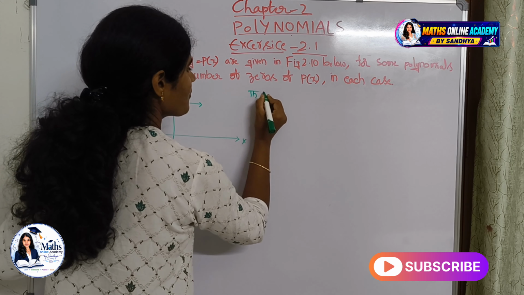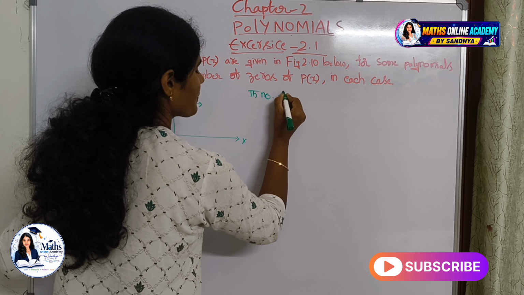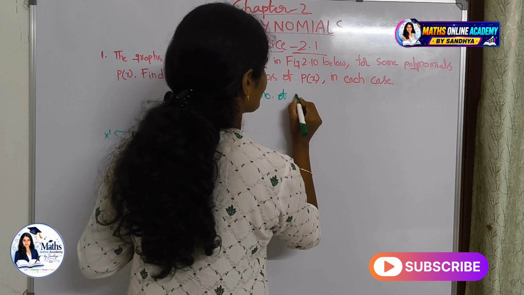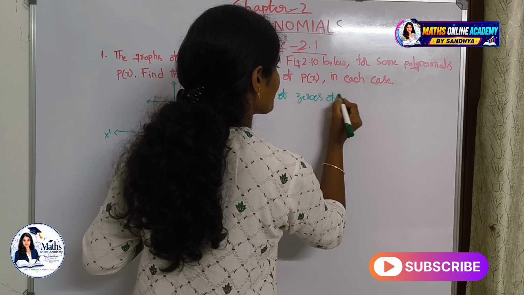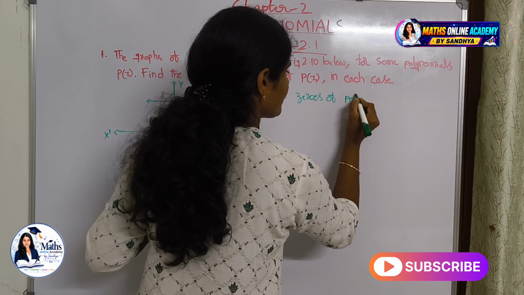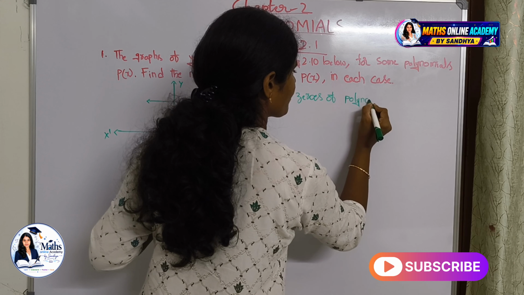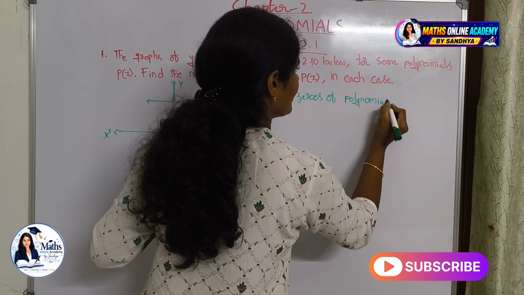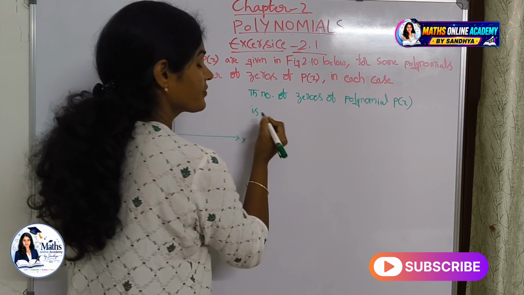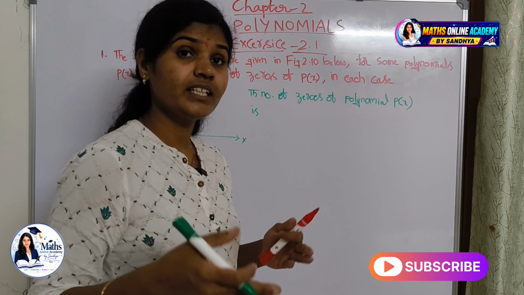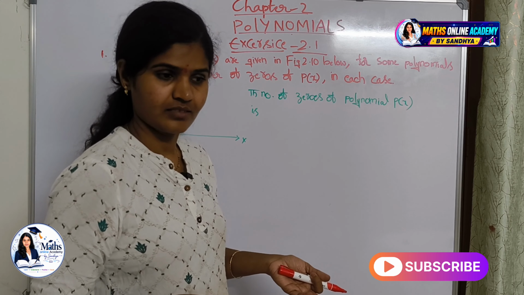The number of zeros of a polynomial p of x is the number of points where the graph intersects the x-axis.